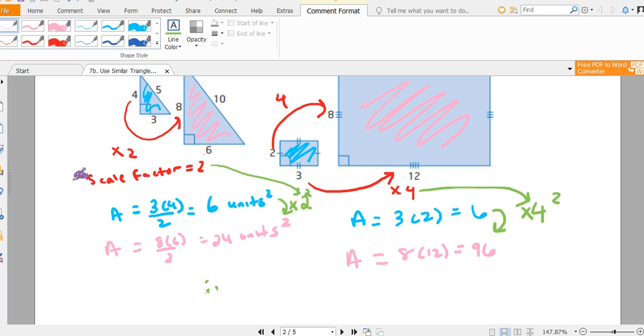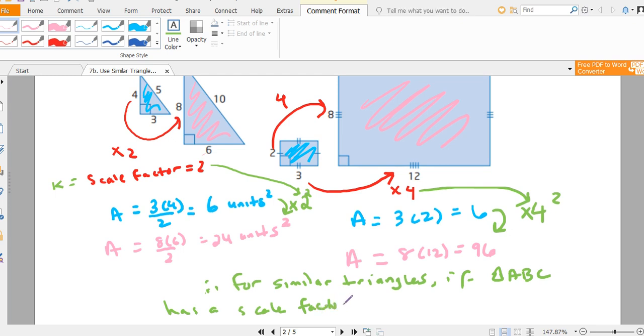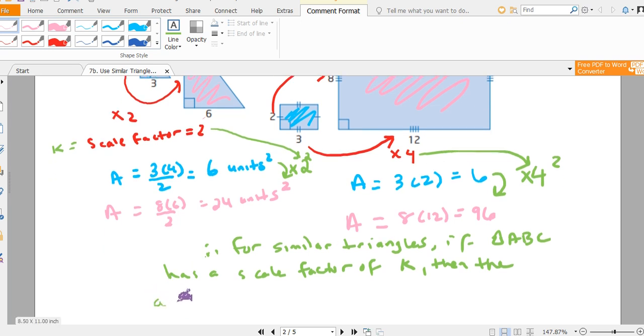Therefore, let's say the scale factor is k. Therefore, for similar triangles, if triangle ABC has a scale factor of k, then the new area will be k squared times bigger.